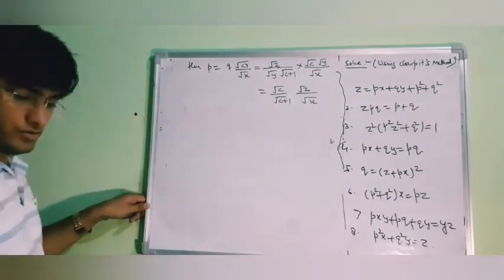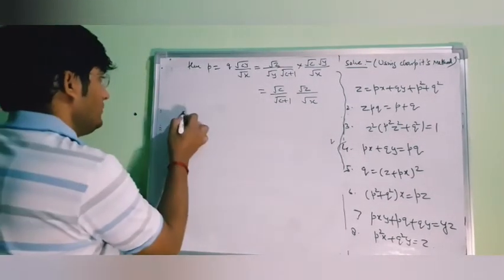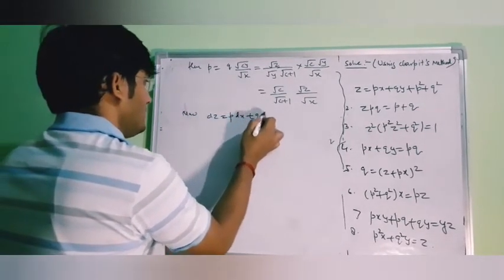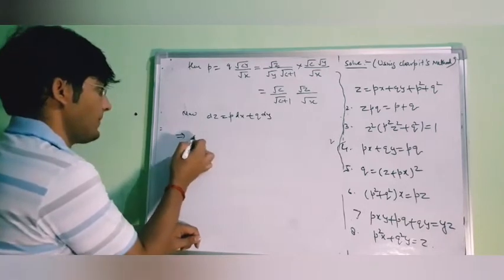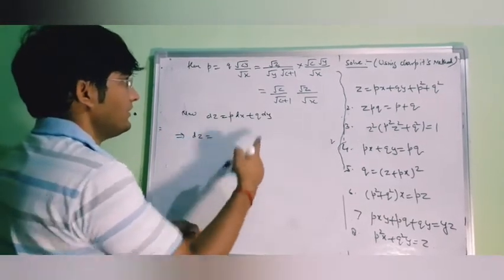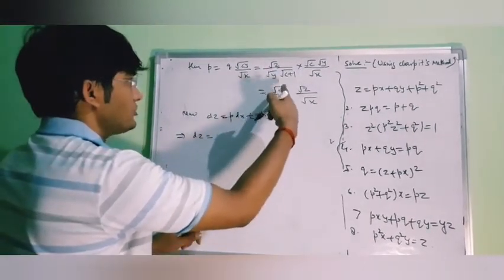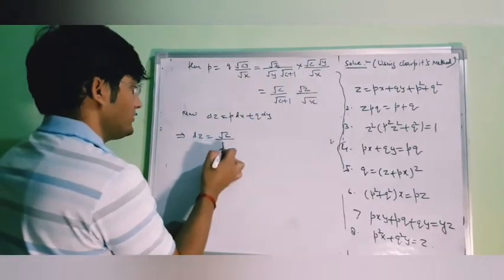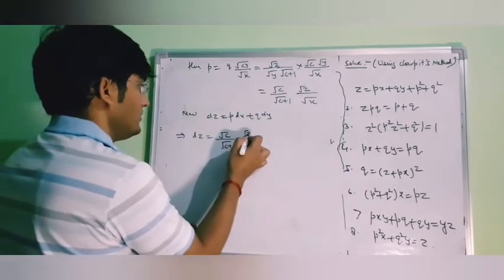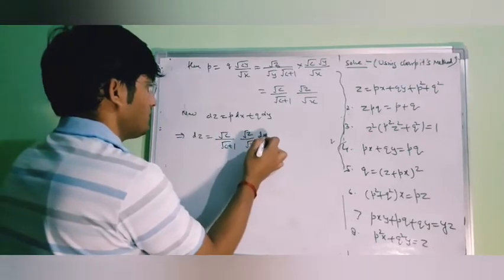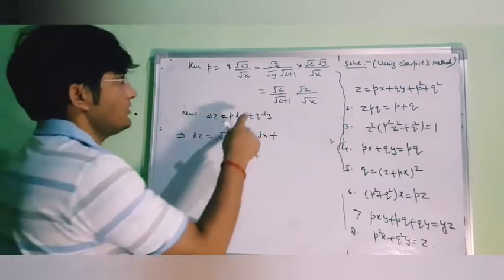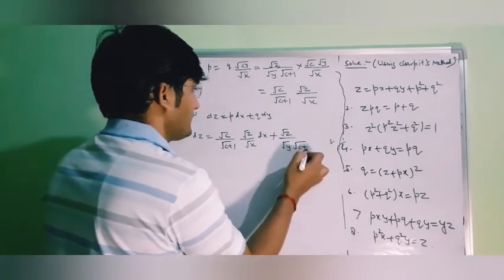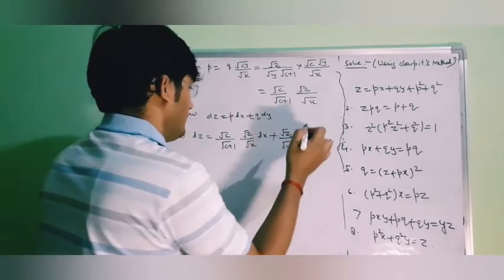So therefore, now dz equal to p dx plus q dy implies dz equal to p, and your p is this term root c upon root c plus 1 into root z upon root x into dx, and your q was root z upon root y into root c plus 1 into dy.